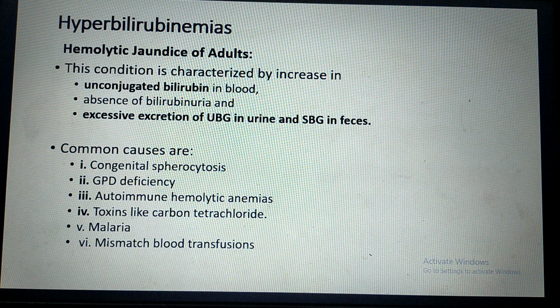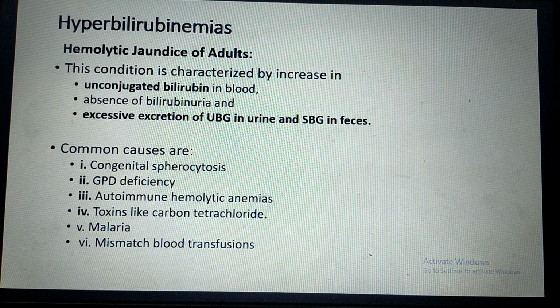Autoimmune hemolytic anemias. Autoimmune means antibodies against own antigen. Here antibodies are synthesized against the antigens present on RBCs. These antibodies attack the RBC and destroy the RBCs. Toxins like carbon tetrachloride also break down the RBC membrane, leading to hemolysis.